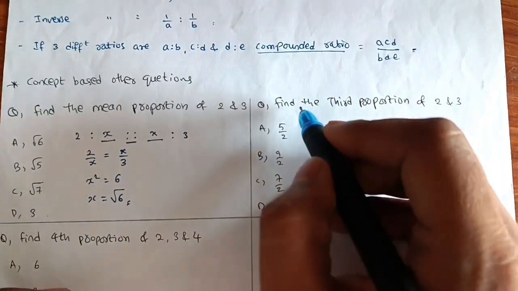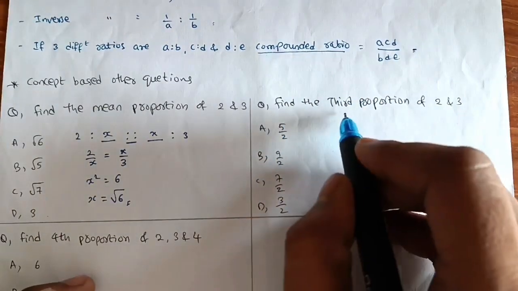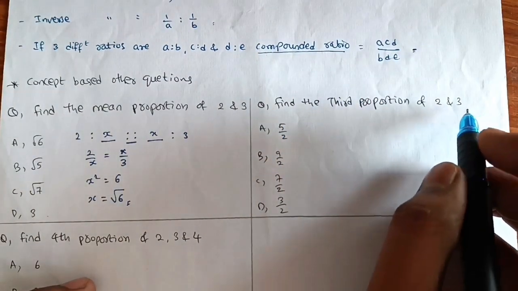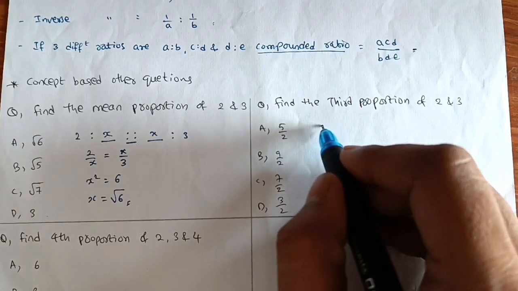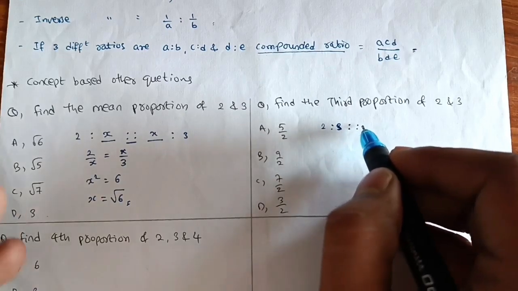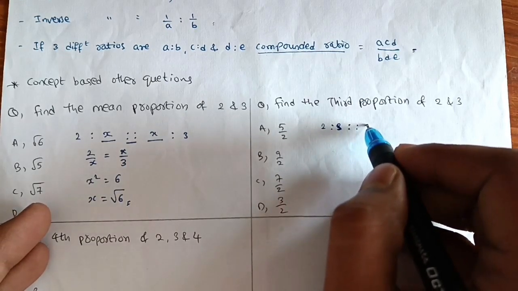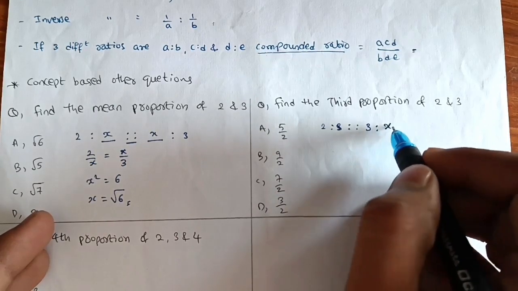Let us move to another type: find the third proportion of 2 and 3. If the question is given like this, you need to write 2 is to 3, the same ratio as 3 is to x, using a variable x.